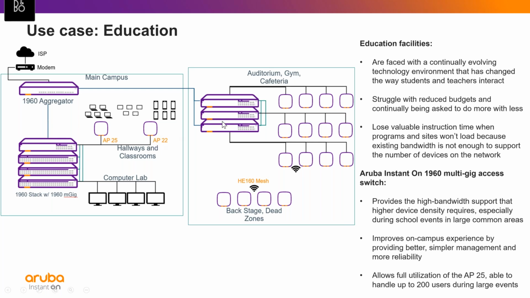And then in the auditorium, gym, cafeteria area, we also have another smaller stack, only 3 in a stack there, along with access points being able to connect there. So this really gives us the ability to expand into larger environments.